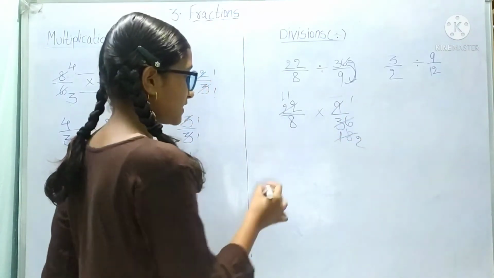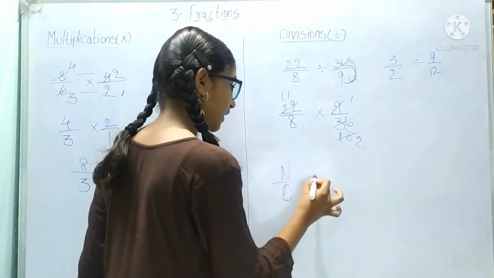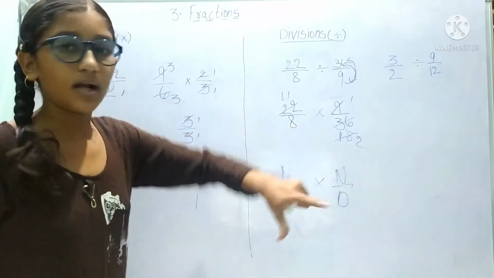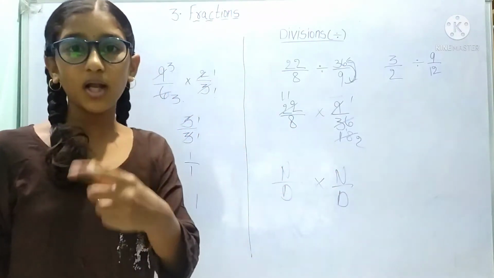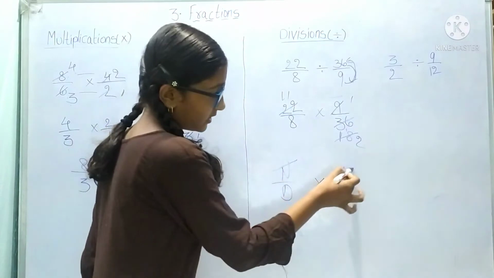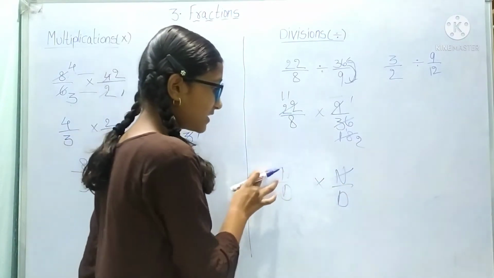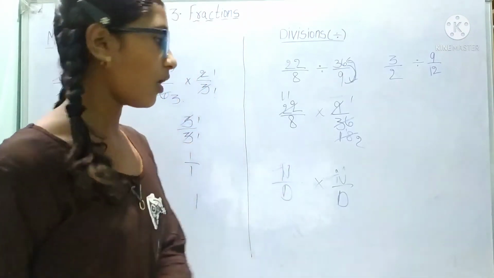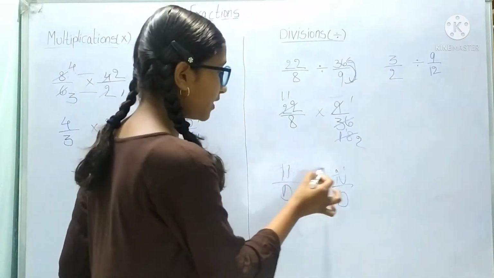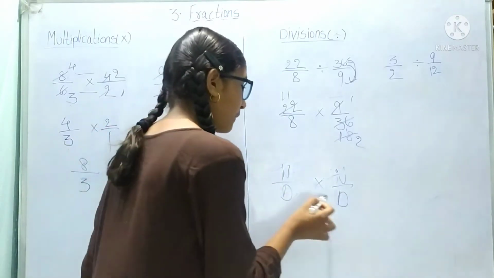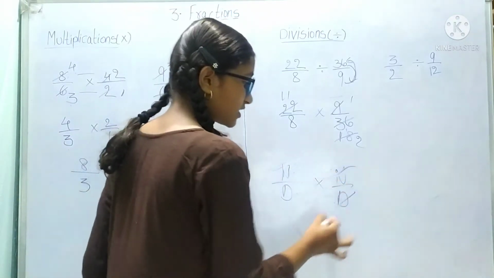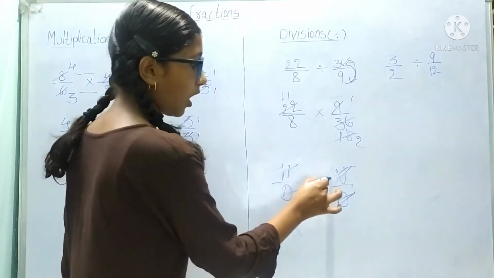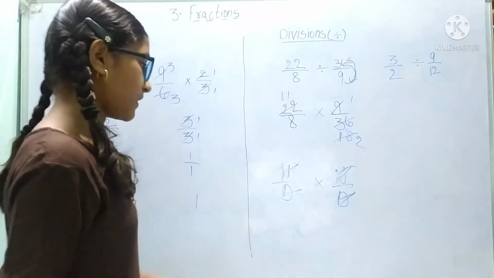We can only cancel a numerator with a denominator. The upper one we call the numerator, the lower one the denominator. We cannot cancel the two numerators or the two denominators with each other, but we can cancel numerator against denominator, in the cross form or the standing line form.